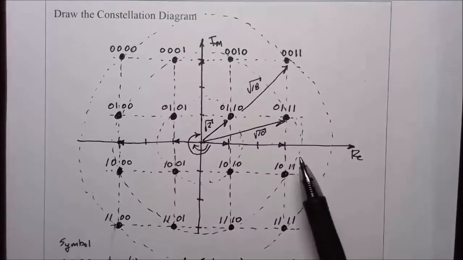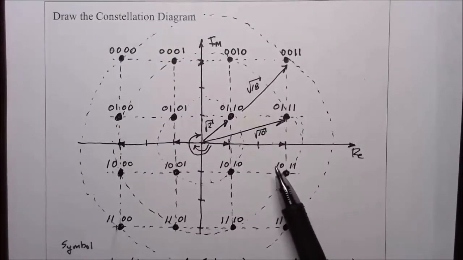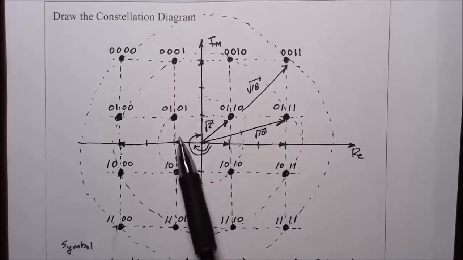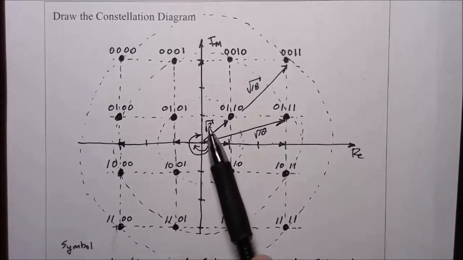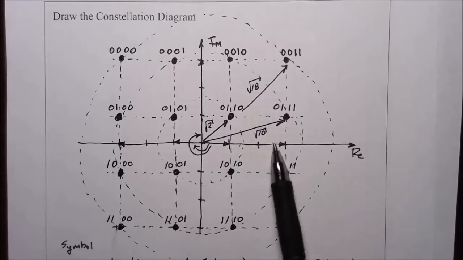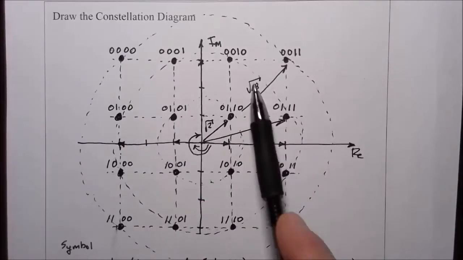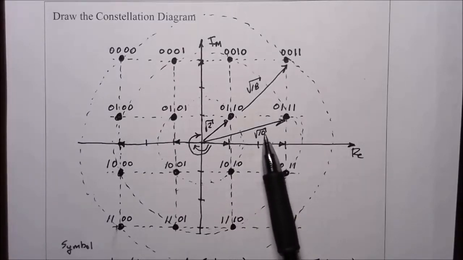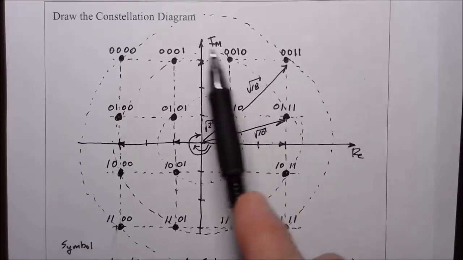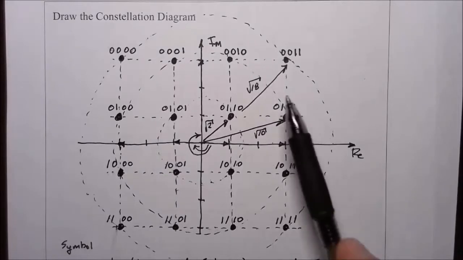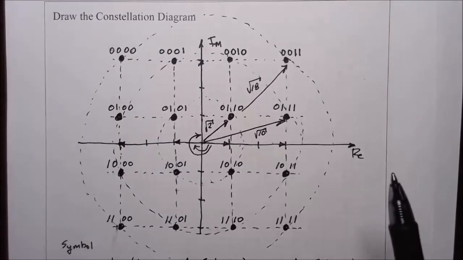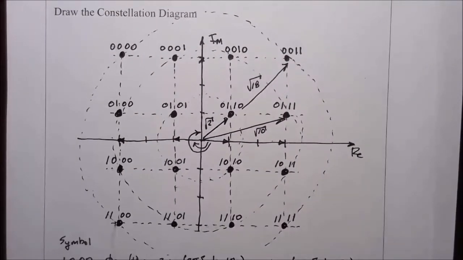This is clearly different amplitudes for different symbols. These 4 symbols in the middle have an amplitude of square root of 2. These 8 symbols have an amplitude of square root of 10. And then these 4 symbols have an amplitude of the square root of 18.